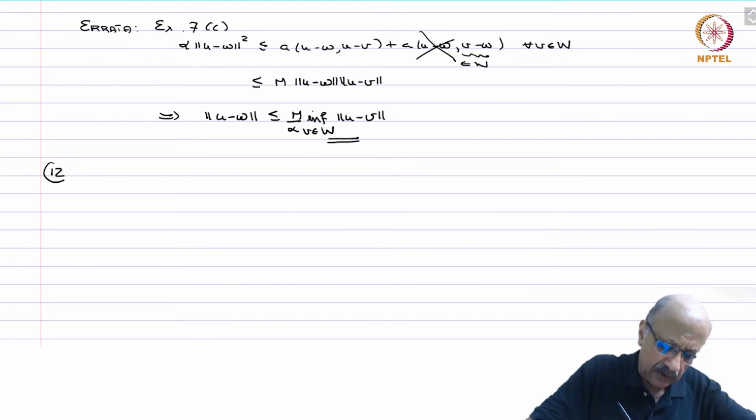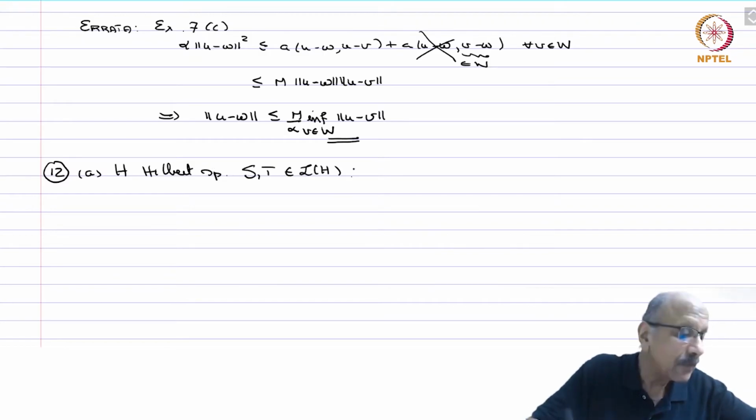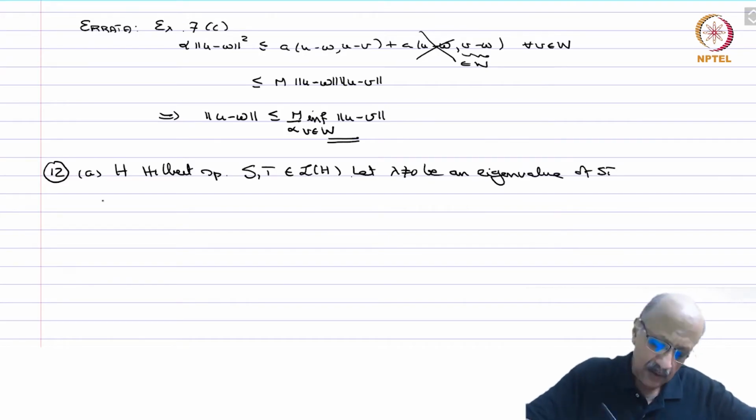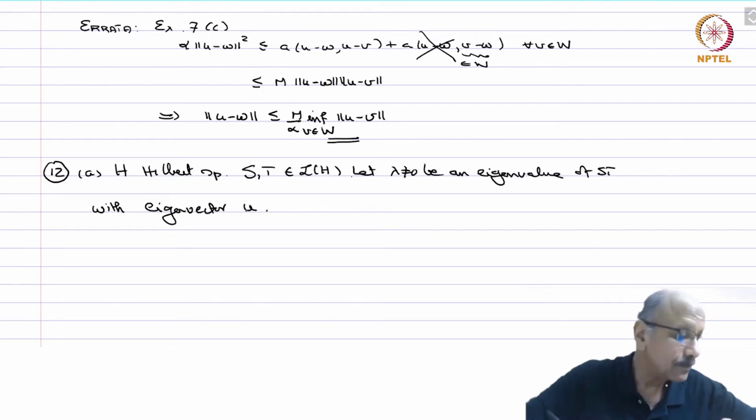So I think we are now at number 12. Let H be a Hilbert space, and S and T belong to L(H). Let lambda not equal to 0 be an eigenvalue of ST with eigenvector u.